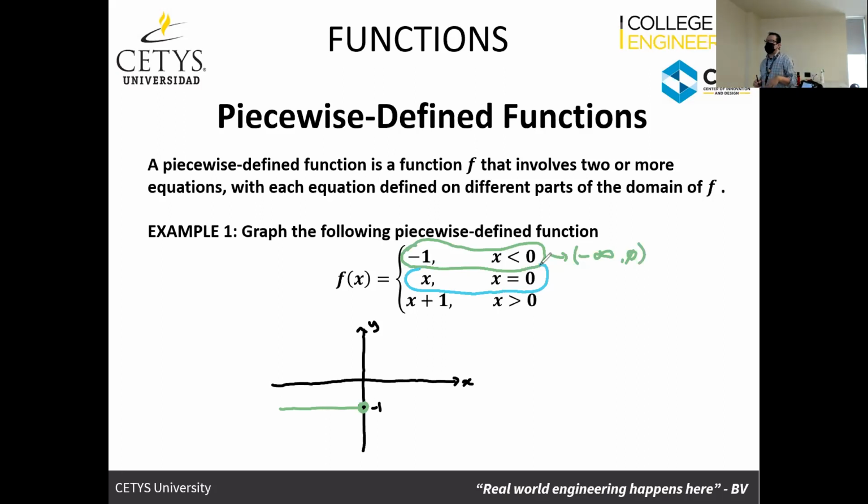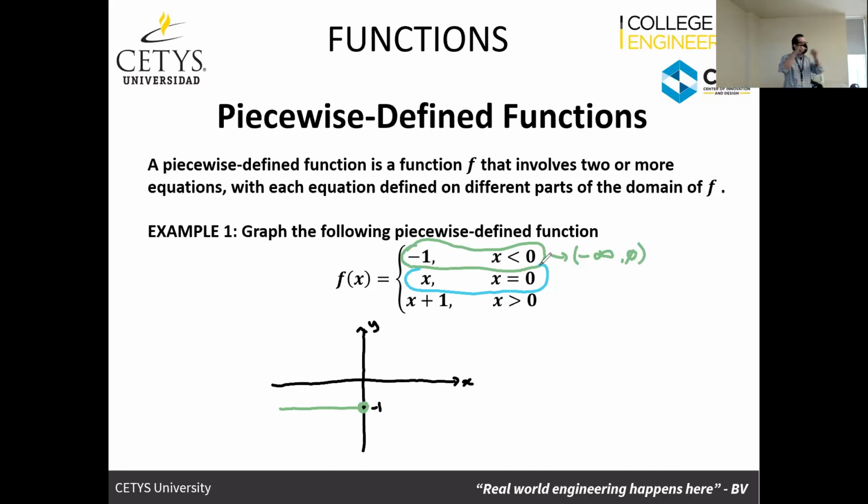Now, this says that the function is gonna have a value of x when x equals 0. That's kind of like a riddle. It's gonna be x when x equals 0, only when x equals 0. So when x equals 0, I'm gonna have x, and so if x equals 0, what is the value of x?